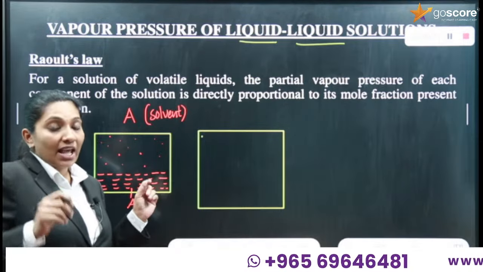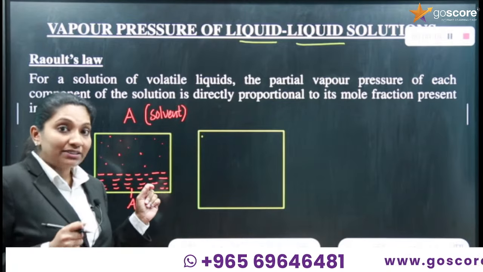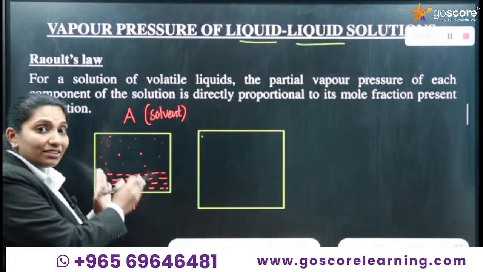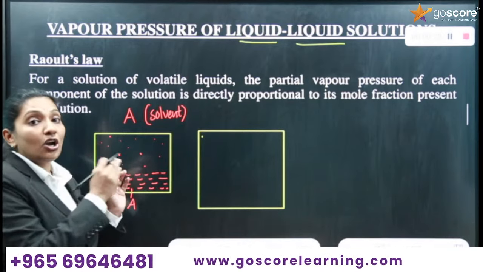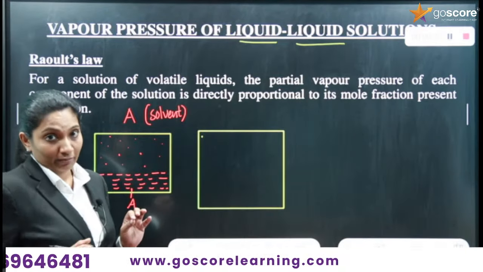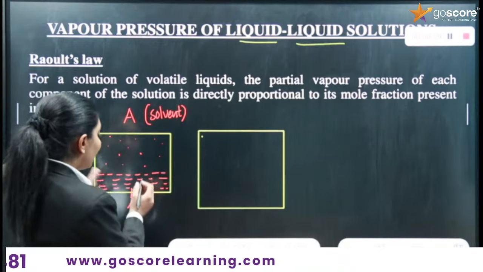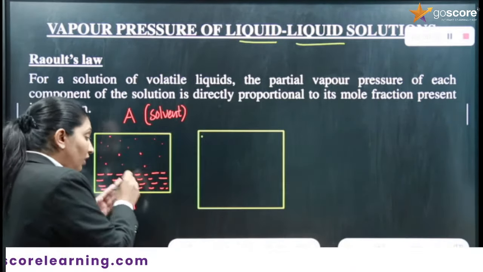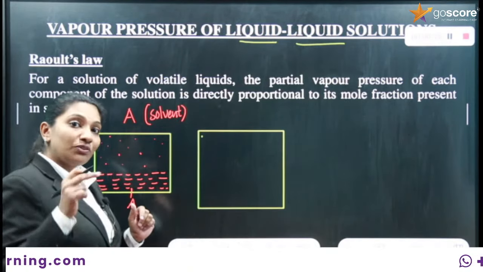These vapors will exert a vapor pressure that is due to the pure solvent, because this closed container contains only the liquid A, right? So this liquid A exerts a vapor pressure that is due to the component A only. So what can we say?